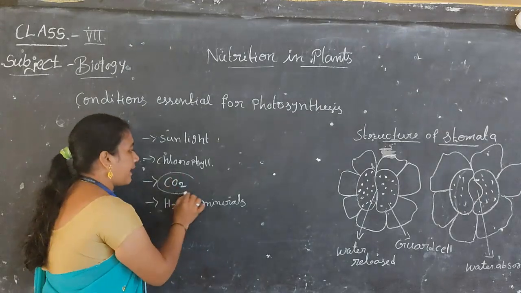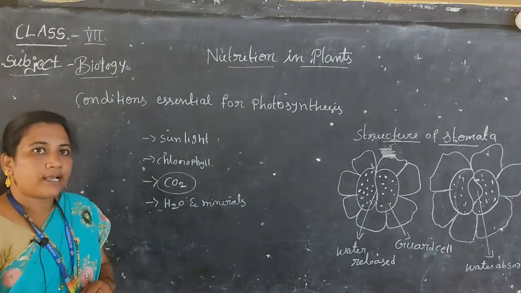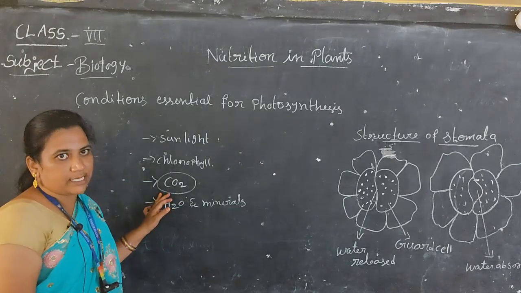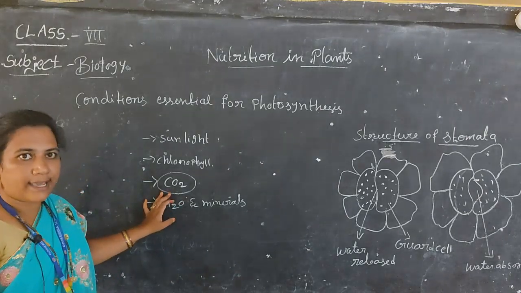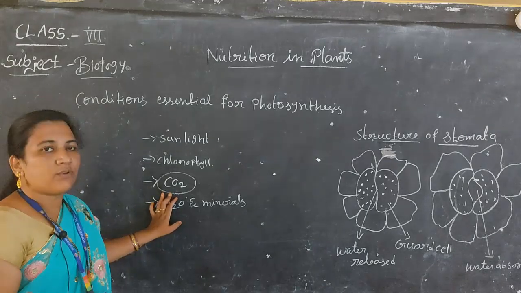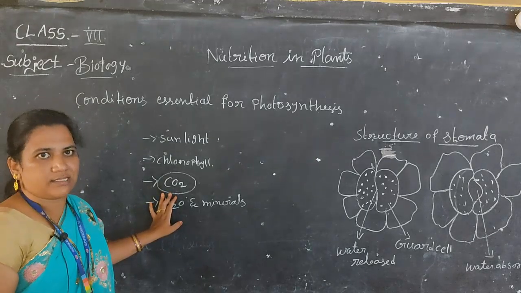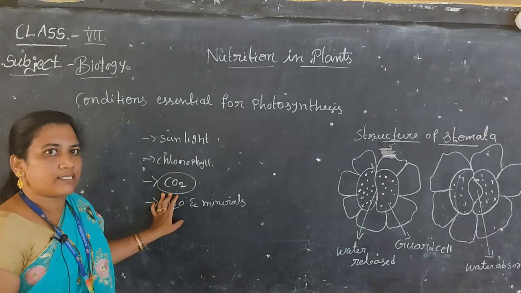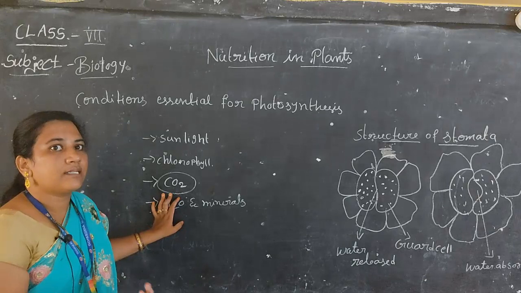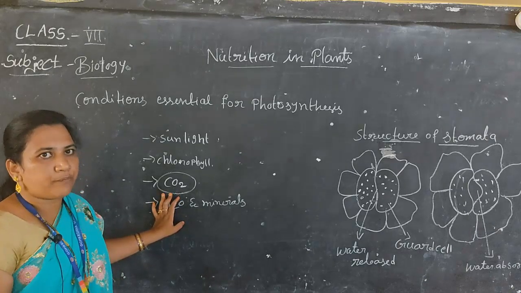Coming to this carbon dioxide, it is also one of the essential components for photosynthesis. In the atmosphere, carbon dioxide is present. This is what we call exchange of gases. Plants also do that exchange of gases. They absorb carbon dioxide and release oxygen into the atmosphere.